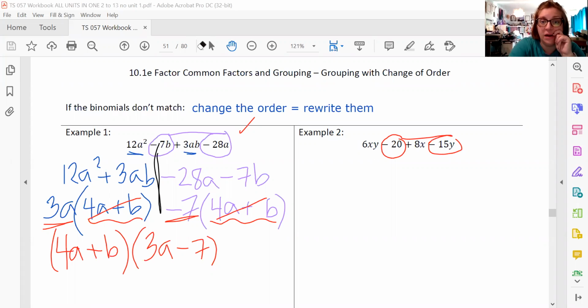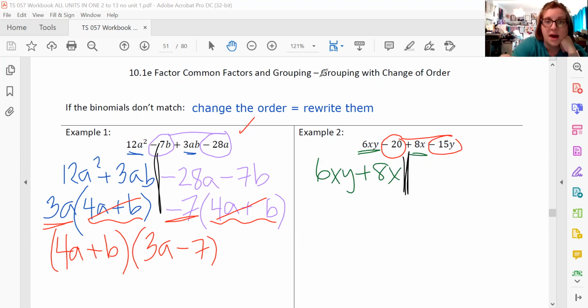And then over here, that leaves me with 6xy and 8x. And I know that 2 is a factor of both of them. So I'm going to start to rewrite my problem here so that I can start to factor my groups. This is going to be my new line. And then I want to think about this again too.